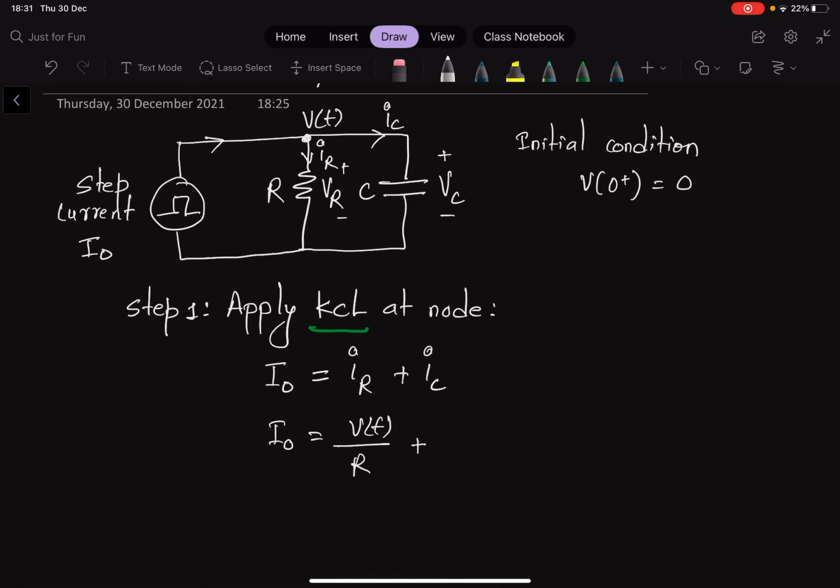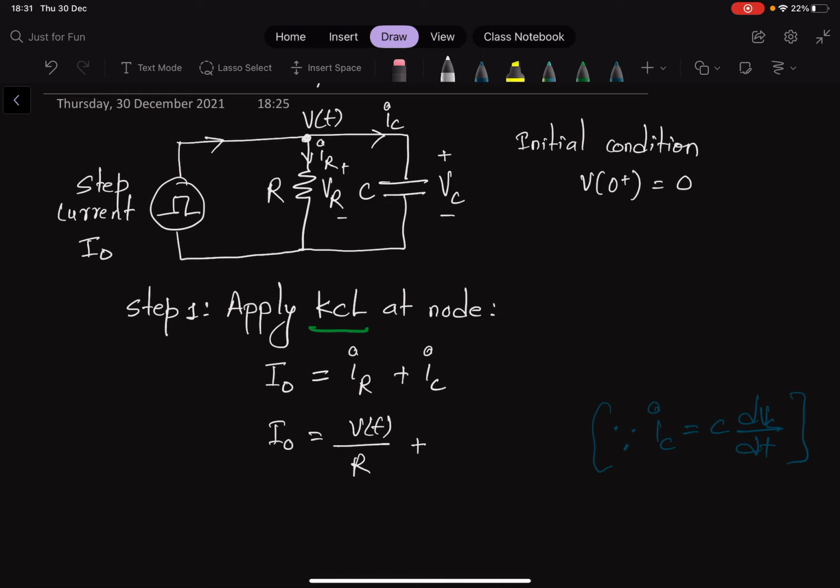Whenever we are modeling an RC circuit or RL circuit or any circuit, we need to write the equation in terms of a derivative or integration. So we know IC is C dVC by dt. Now this VC is nothing but the voltage across the node or across the resistor, which is the same as V(t).